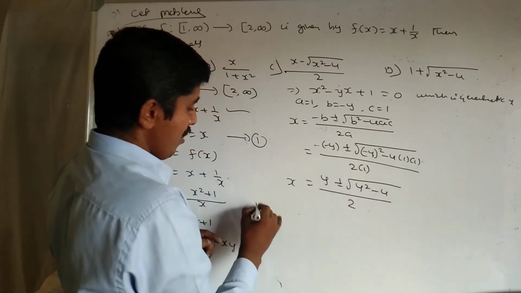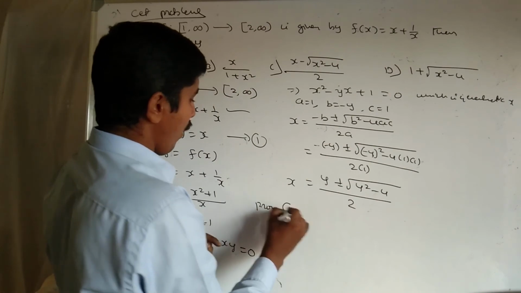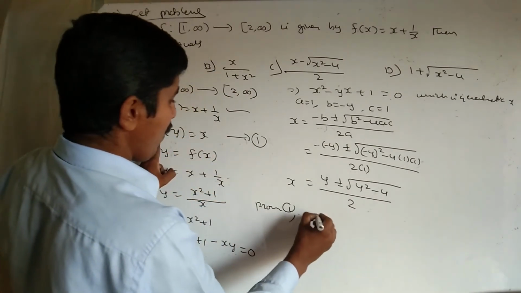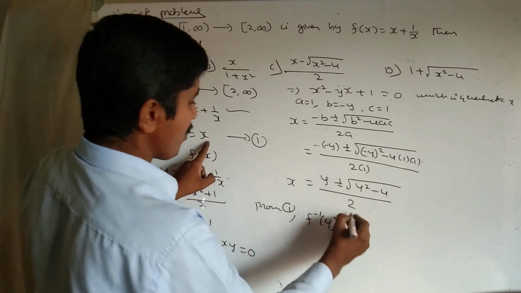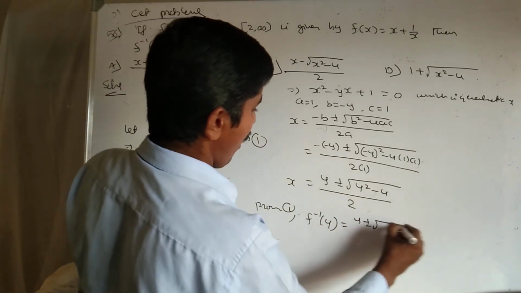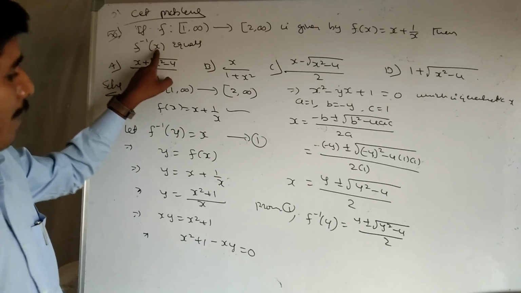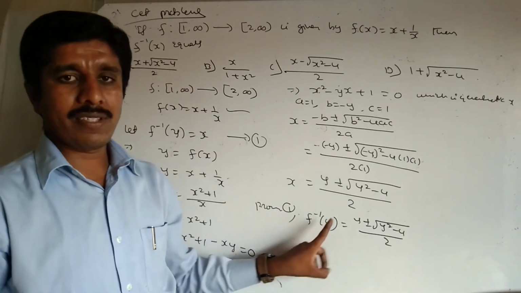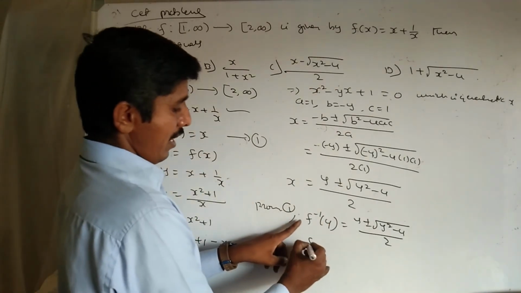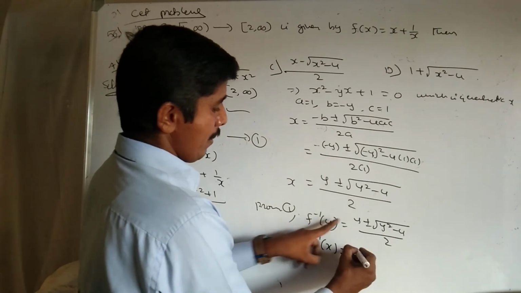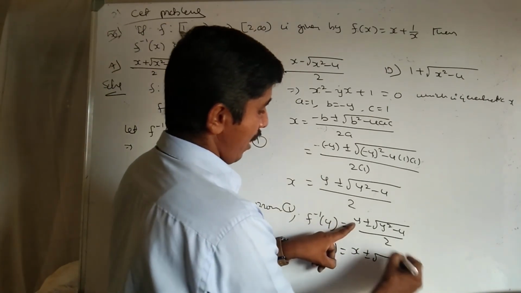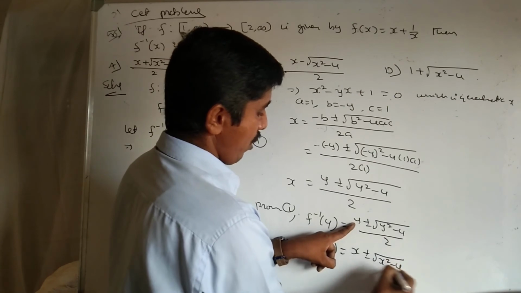This is x. Substitute the x value in equation 1. From 1, f inverse of y equal to y plus or minus root of y square minus 4 divided by 2. But f inverse of x means replacing y by x on both sides. Then f inverse of x equal to x plus or minus root of x square minus 4, divided by 2.